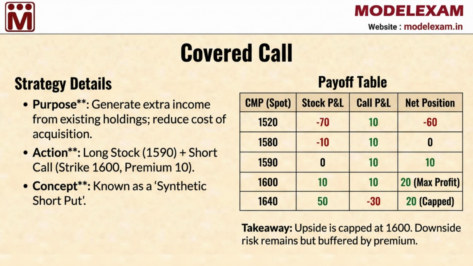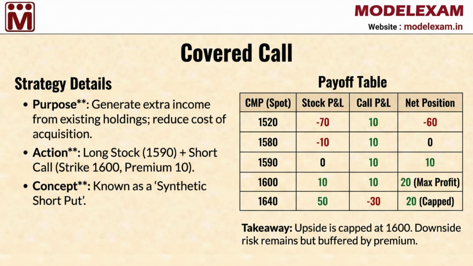If you are an investor looking to generate extra income from stocks you already own, the covered call is a great tool. You hold your stock and sell a call option against it. This helps reduce your overall cost of owning the stock. For example, if you own a stock at 1,590 and sell a 1,600 strike call for a premium of 10, you are effectively creating what is known as a synthetic short put.